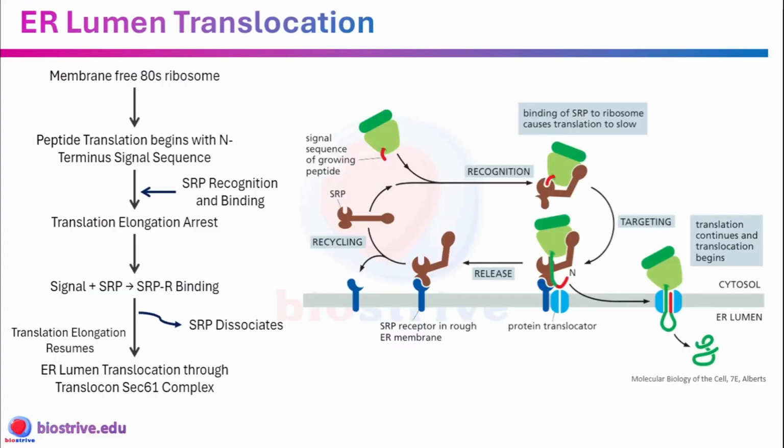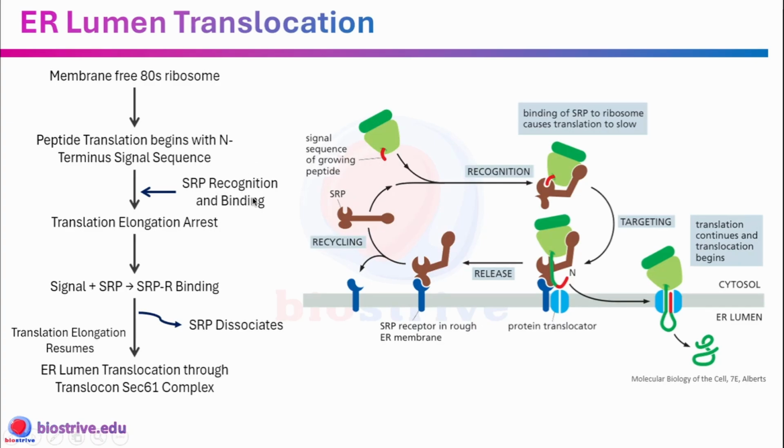Here is the basic idea of ER lumen translocation. A membrane free ribosome comes. It starts synthesizing a peptide with an N-terminus specific hydrophobic patch. This patch is recognized by the SRP protein. The SRP protein recognizes this patch and interacts with the SRP receptor.